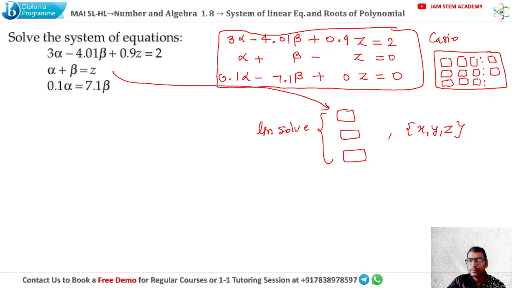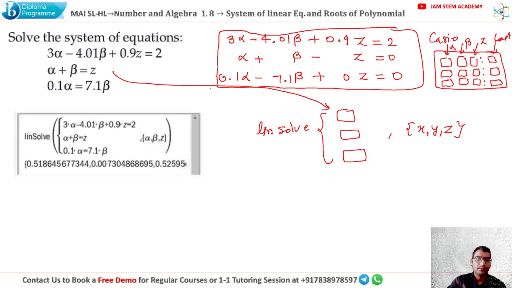So here you can put the coefficient of alpha, coefficient of beta, coefficient of z and the constant terms. Once you enter all these values, it will look like this, and hit enter. Hit enter, you will get your three answers as you can see below.